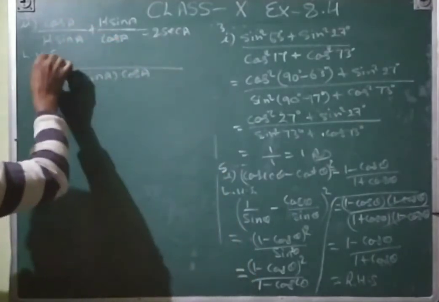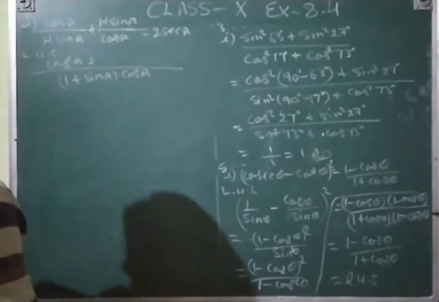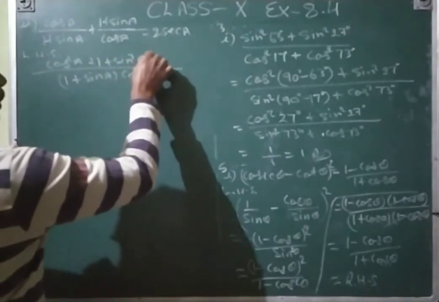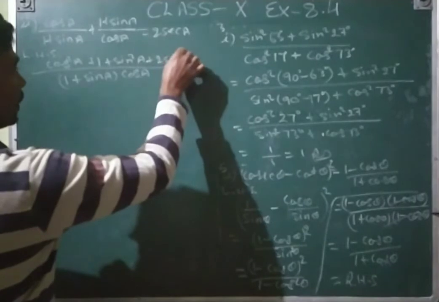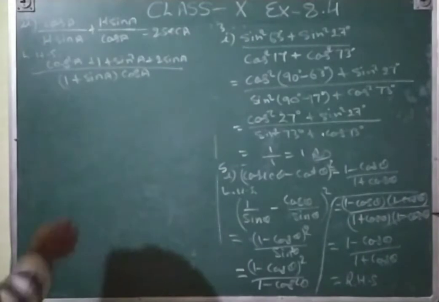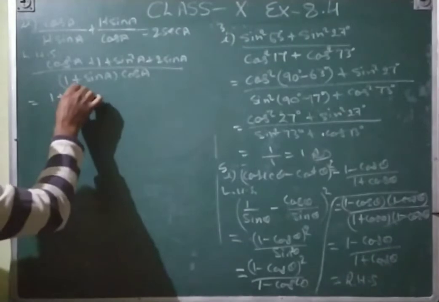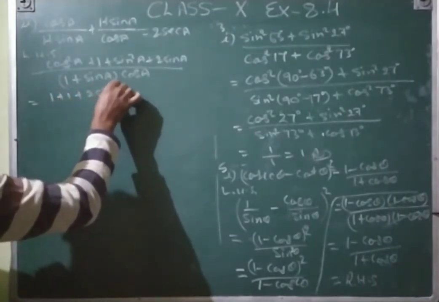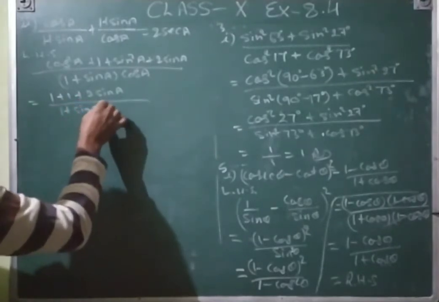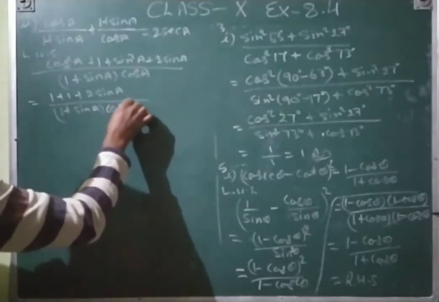So by cross multiply, that is a cos square A, and then this one will be 1 plus sin square A plus 2 sin A. So that cos square, that is identity, 1 plus 2 sin A upon 1 plus sin A cos A.